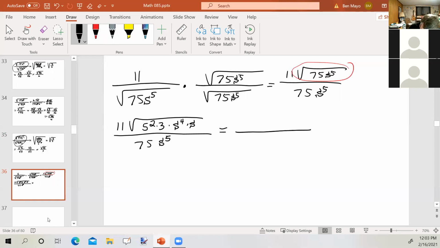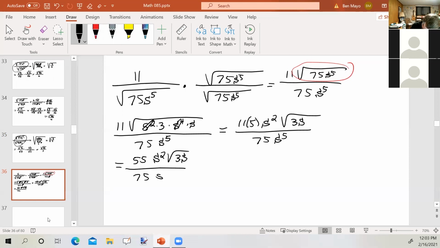So now on top, I've got 11 times 5 times s squared times the square root of 3s over 75 s to the 5th. Which is 55 s squared square root of 3s over 75 s to the 5th.